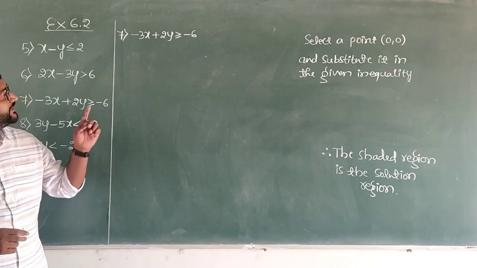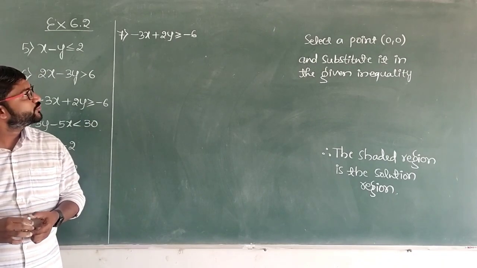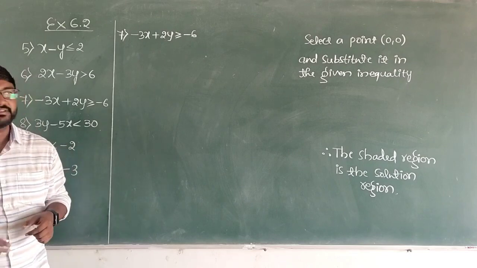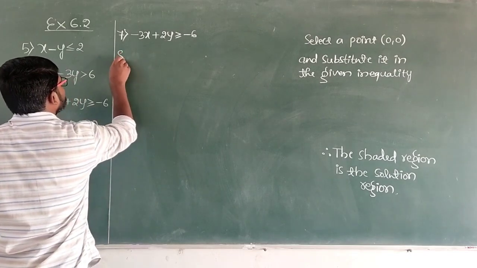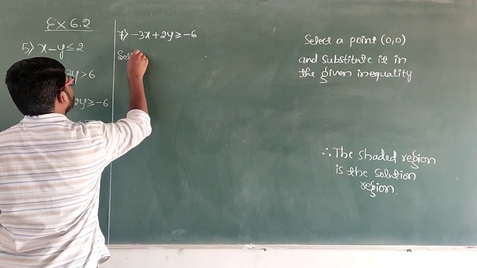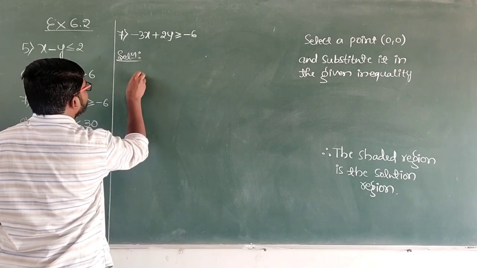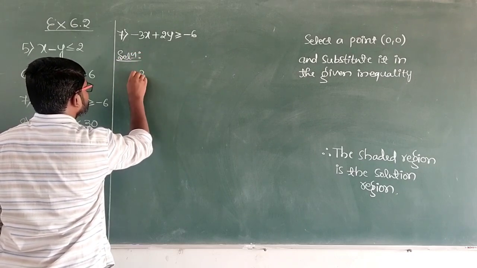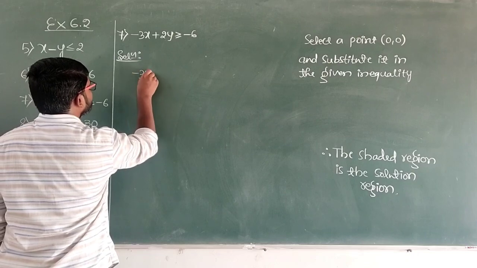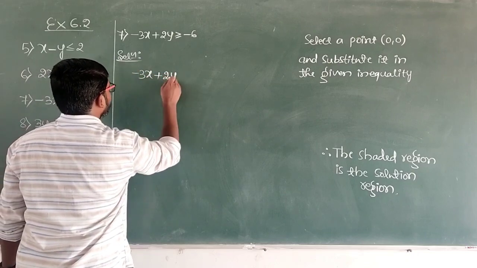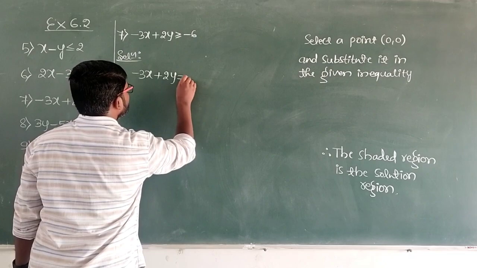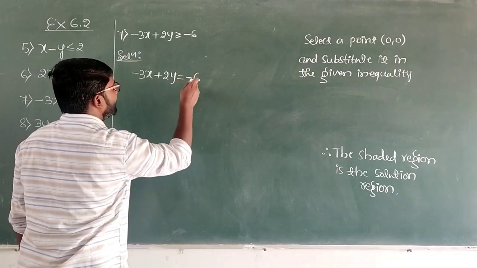Well, the next question, the 7th one: minus 3x plus 2y greater than or equal to minus 6. Let us proceed with the solution here. Remove the inequality sign. Minus 3x plus 2y equals minus 6.